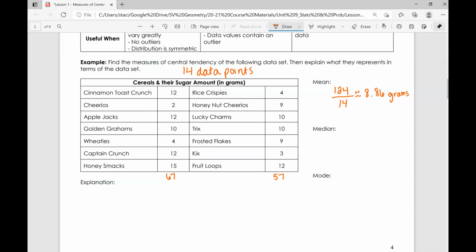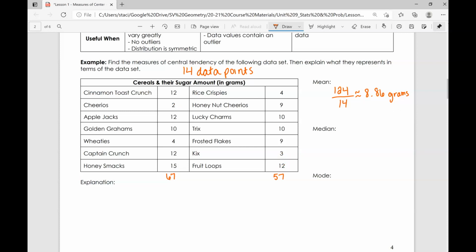Other times students might prefer to, and this is kind of what I do, start with my smallest number, which is a 2, and cross it off. And I might go to my next, and then I go to my biggest number, which is 15, cross it off. Go back to my next smallest number, which is 3. Go back to my next biggest number on here, which is 12. And I keep going until I get to the middle. Some students kind of get a little lost in that.